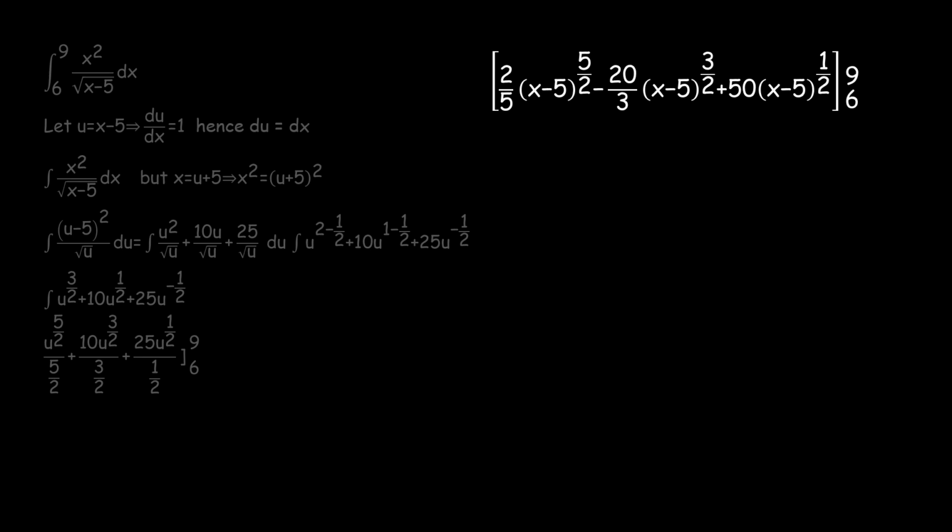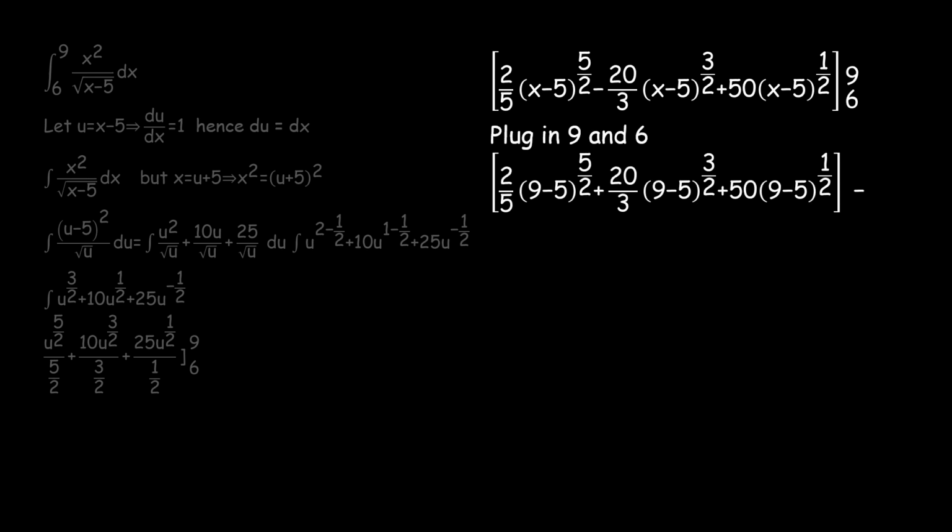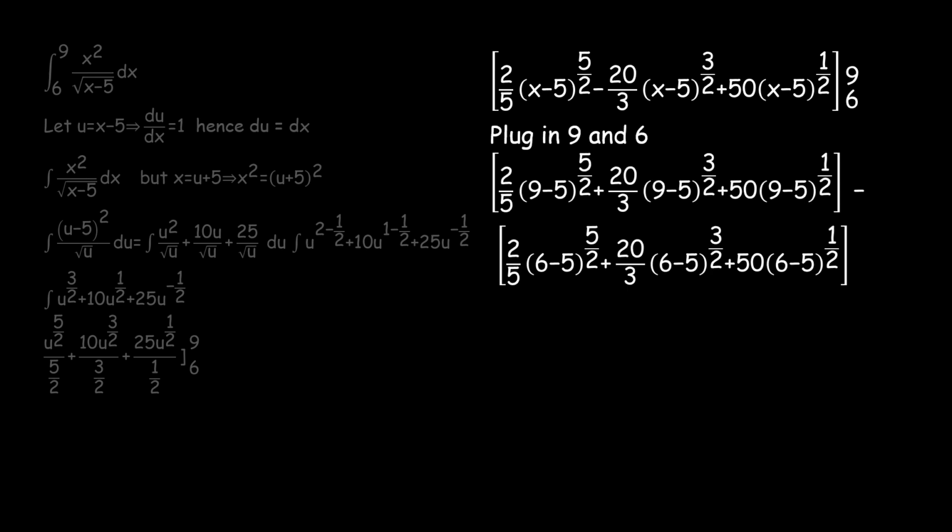If we substitute the value of u back into the final answer, remember that u was x minus 5, we will get this equation right here. And now we can finally plug in 9 and 6. If we plug in 9 and 6, we would have these values. Using our calculators, we should get 109.066.